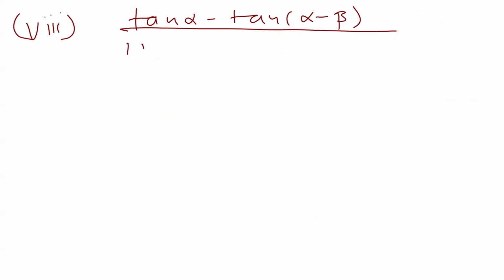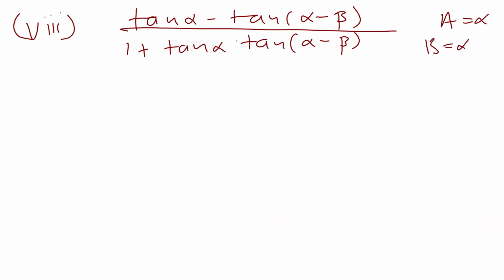Question number 8. Tan alpha minus tan (alpha minus beta) upon 1 plus tan alpha into tan (alpha minus beta). So let A be alpha and let B be alpha minus beta.